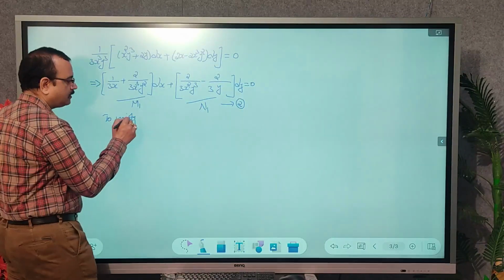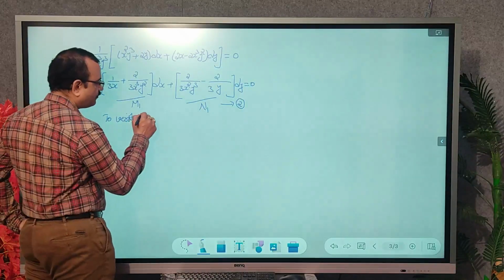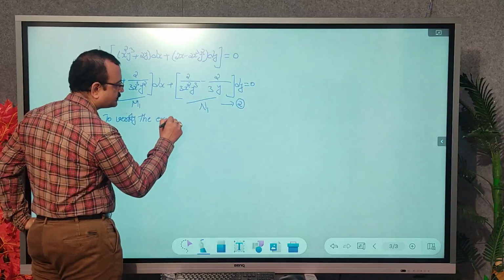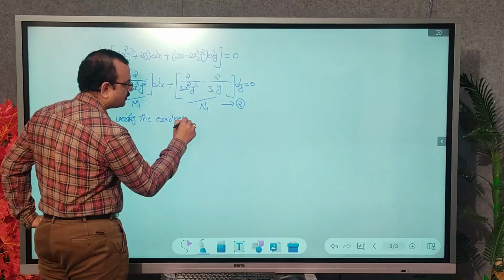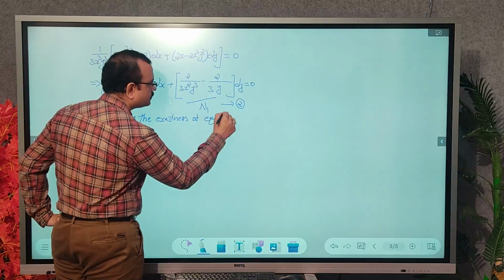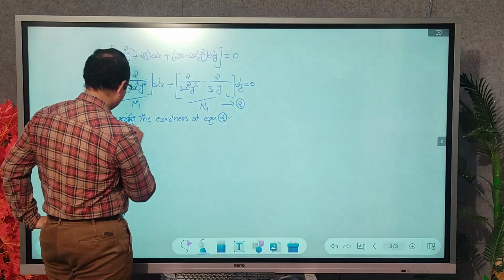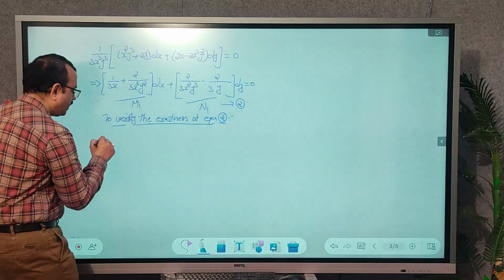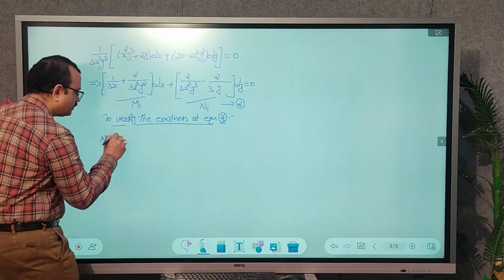Actually not necessary, but we will try to verify the exactness of equation 2. Okay, so here we have M1 and N1 directly. Now I am calculating the partial derivatives.